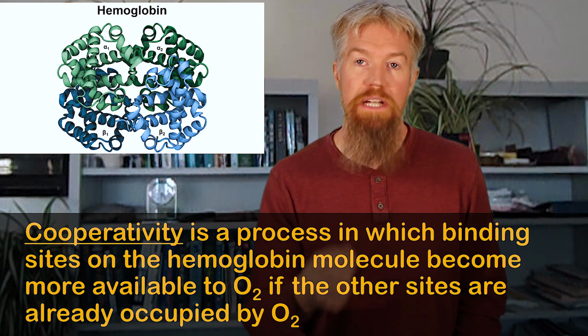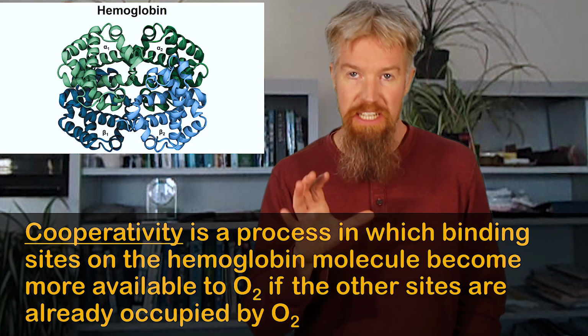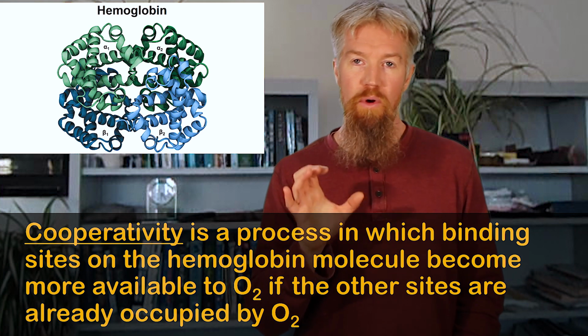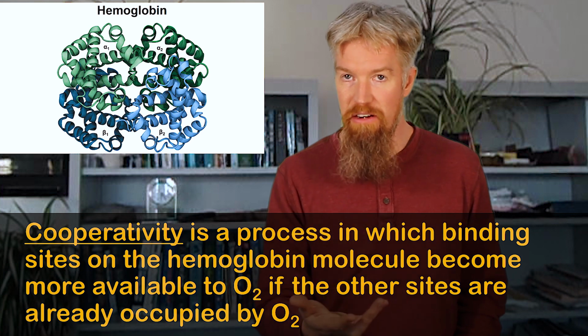As a result, if one site gets bound to oxygen, then the other sites bind oxygen slightly easier. They become more available. If a second site gets bound, then you have an even greater availability. If a third site, then even greater availability.